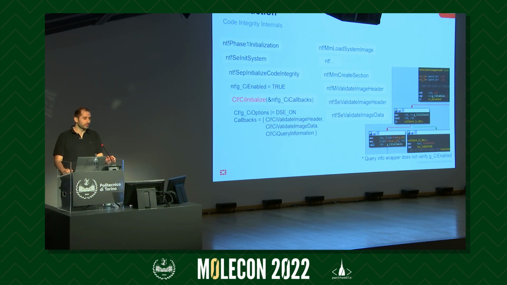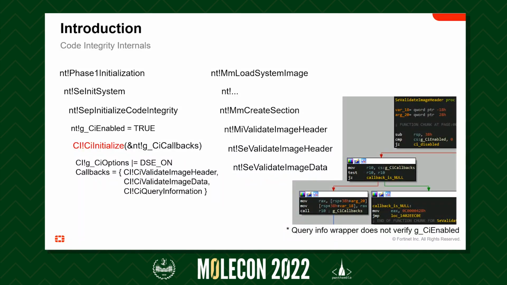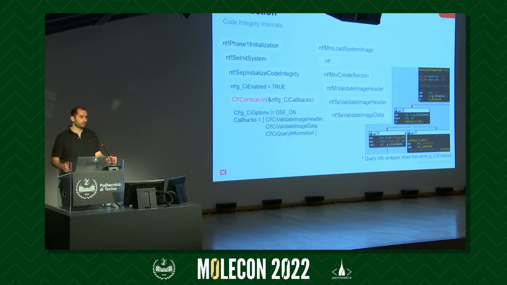They are not exported, except for the one in red, CiInitialize. Basically, the process tries to set some global flags that control the state of the feature, and initializes an array of callbacks for internal functions in CI.DLL back to the kernel.